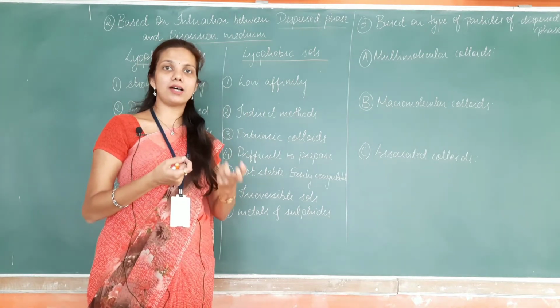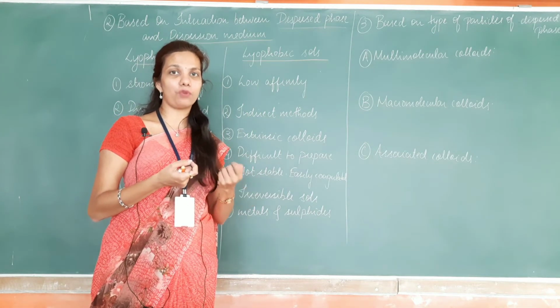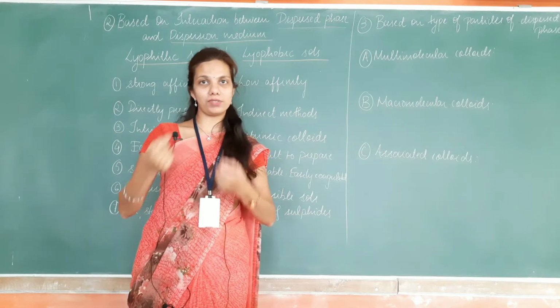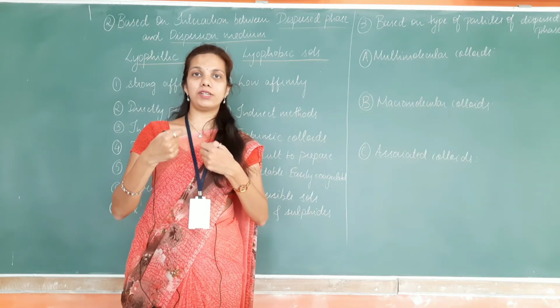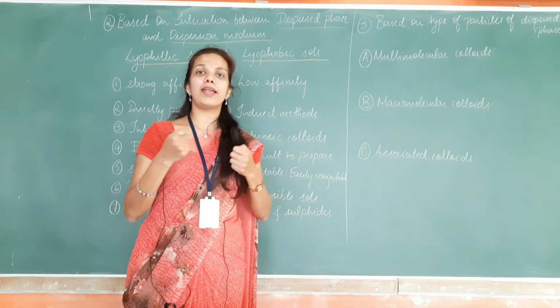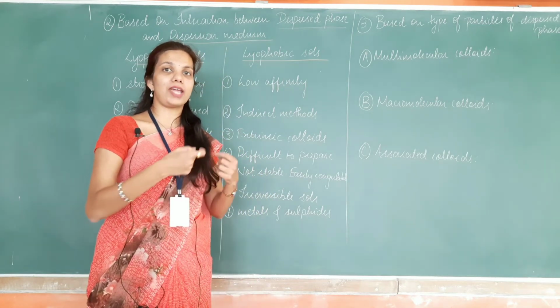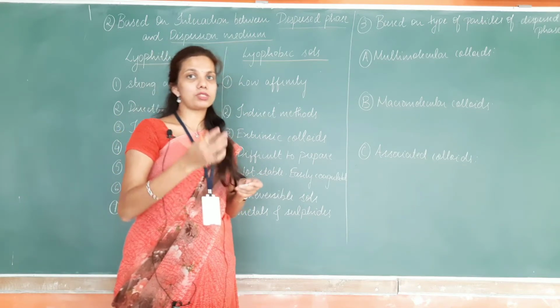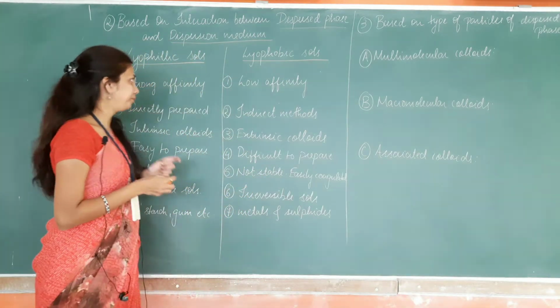So it hates the solvent, it has no affinity for the solvent. So a lyophilic sol is one which loves the solvent or has affinity for water, whereas lyophobic is one which hates the solvent or is water repellent. Now let us try to compare both of these and study.